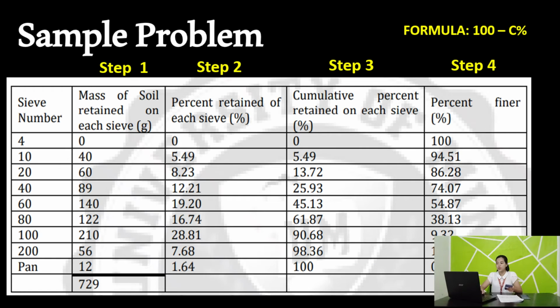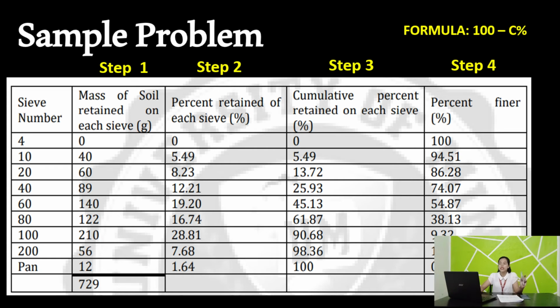Next, let's proceed to step number 4. Step number 4 is the percent finer. Kining percent finer, gina-calculate kung pila ka percent ang mas pino ani. So, diri sa step number 4, sa sieve number 10, pila ka percent ang mas pino, mao na ang 94.51.